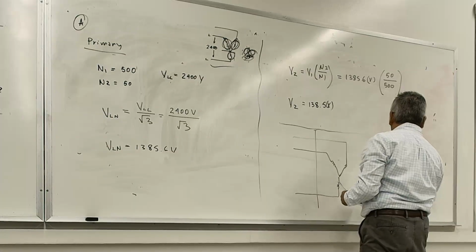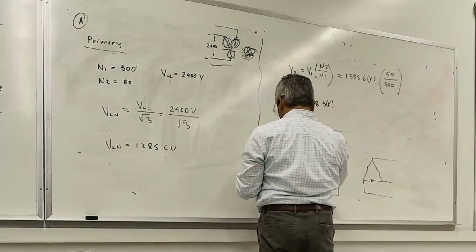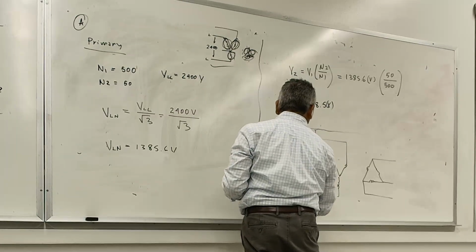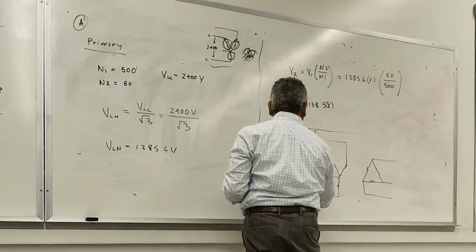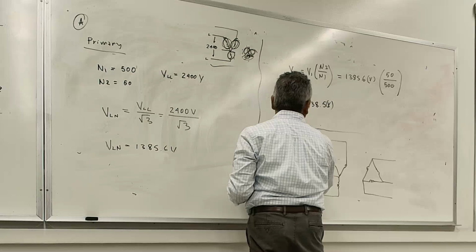Between line and line, this is A, this is B, and this is C, and this right here is a neutral wire.